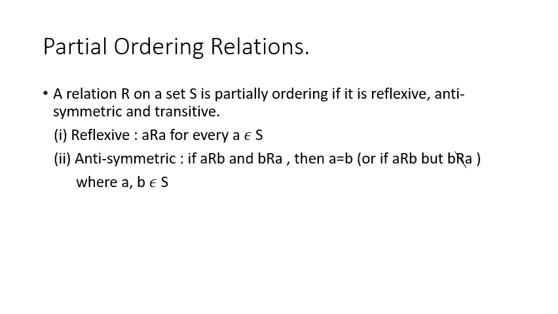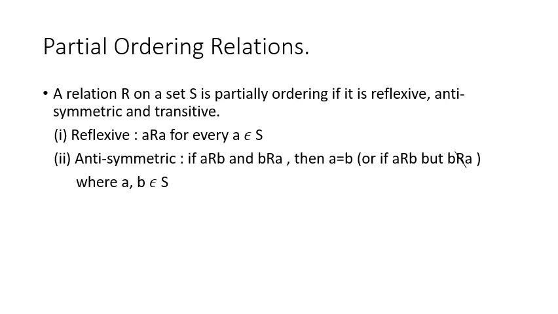Then antisymmetric. If A related to B and B related to A are there in the set, then A should be equal to B. That means it is enough to see that if ordered pair AB belongs to the set, but ordered pair BA does not belong to the set, then you can say that it is antisymmetric.